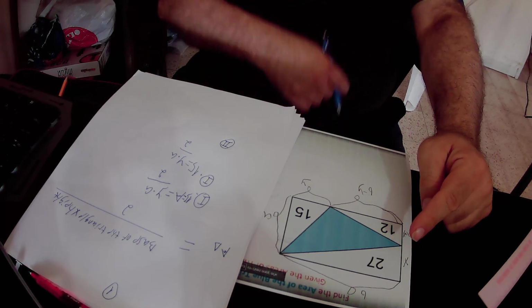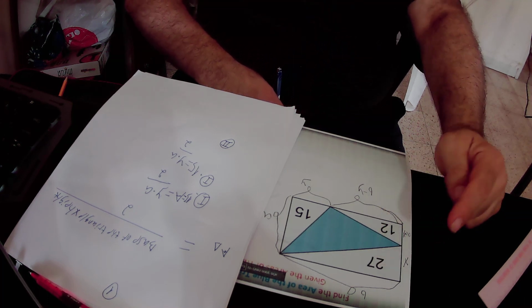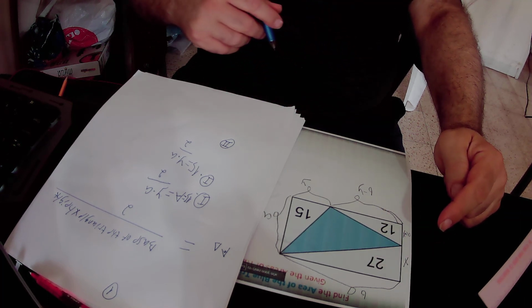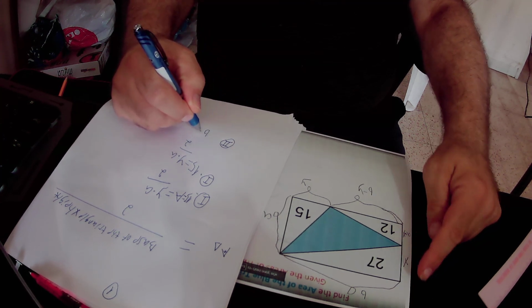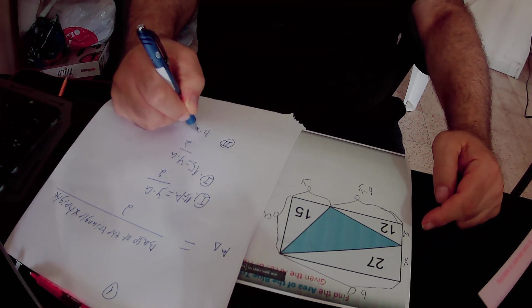So the area of this triangle will be its base, that is b, times its height, that is x, divided by 2.